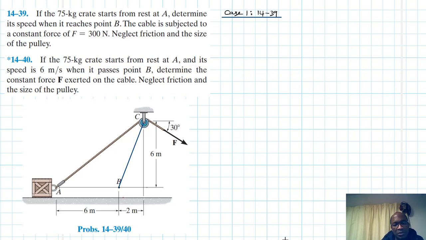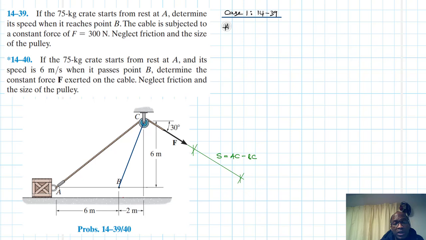Once that happens, it means this rope will have moved a certain distance s, or a certain displacement, and we need to account for that. So let's call this s. This s is just equal to the length AC minus the length BC. Does it make sense? Of course it does.